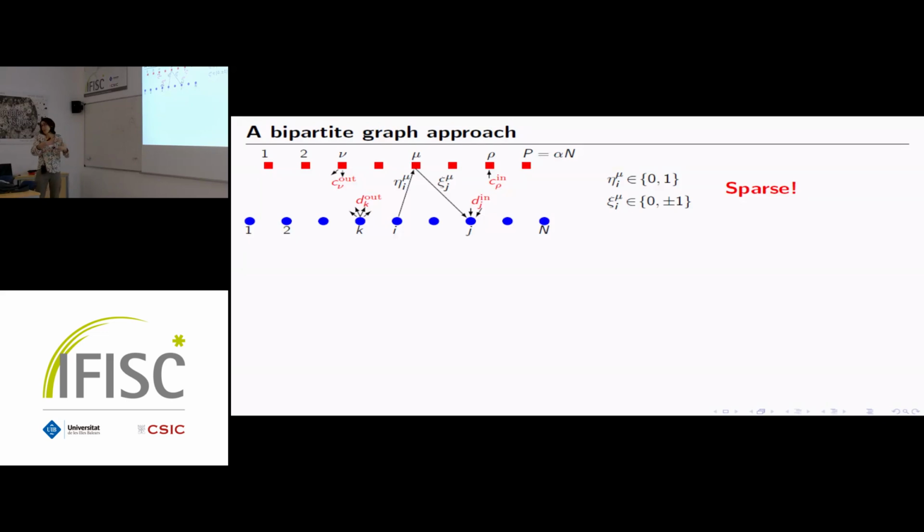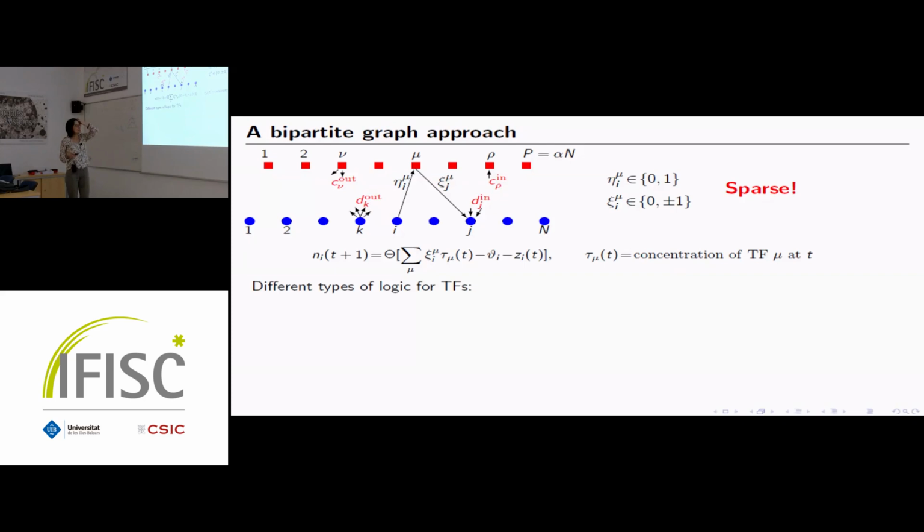Then you can consider some dynamics on it. You can model gene expression dynamics similarly to before, so gene i will be expressed if it receives enough regulatory signal from transcription factors. Then you need an equation for transcription factors, where tau mu is what we loosely call the transcription factor concentration.